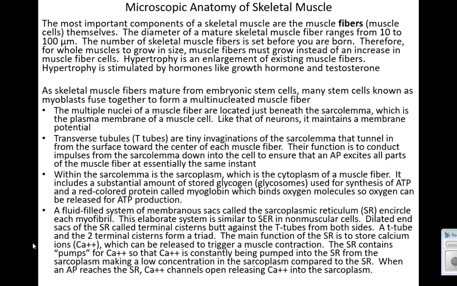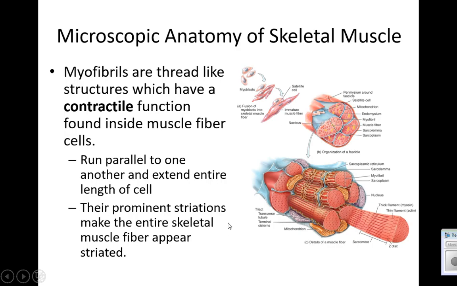And I'll talk about why in just a second. So in a resting state, we store a whole bunch of calcium in the SR. If you look here, we have what's called a triad labeled, which includes a T-tubule in the middle and then two terminal cisterns on the sides. The terminal cisterns are just the fat ends of the SR.